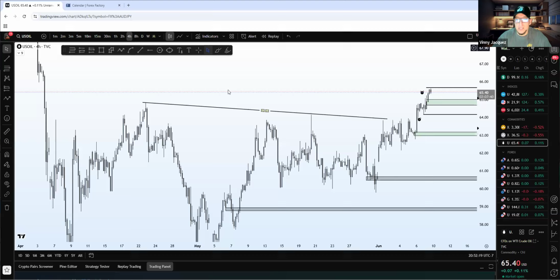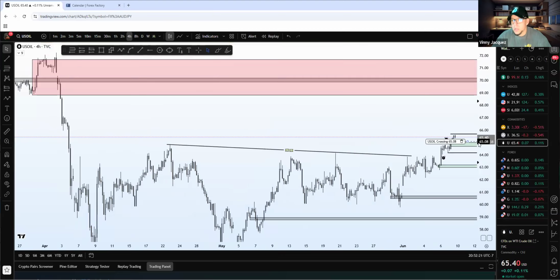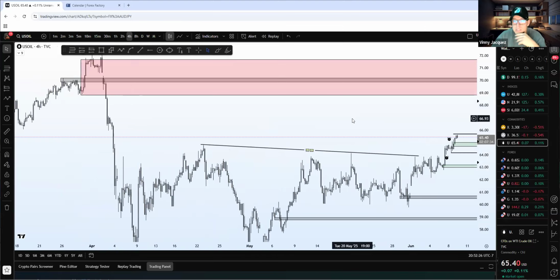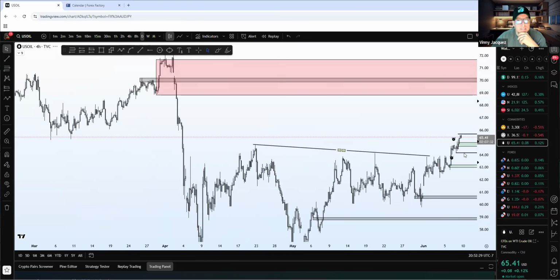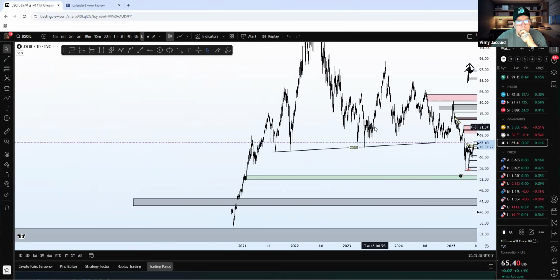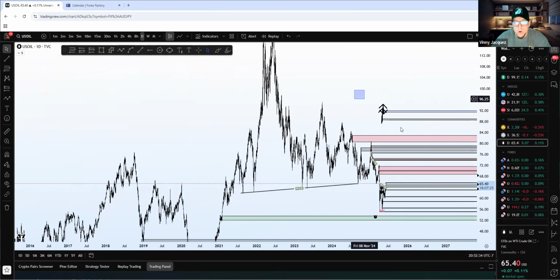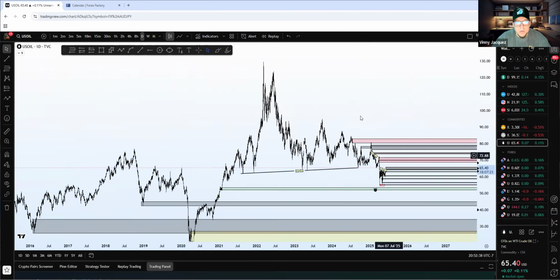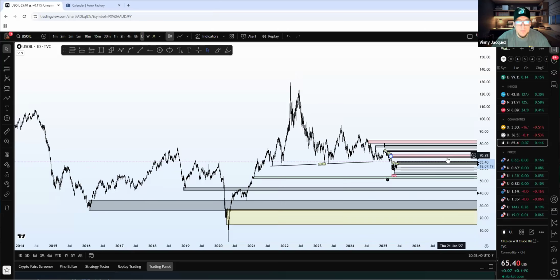And that goes with any asset class, right? Stocks, forex, indices, crypto, commodities. I trade everything the same. Let's go to the daily time frame. We're on oil right now, right? I can see really good buy opportunities down here, which is why I'm waiting for buys.